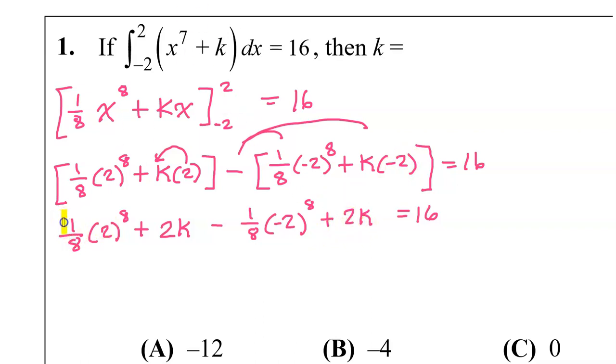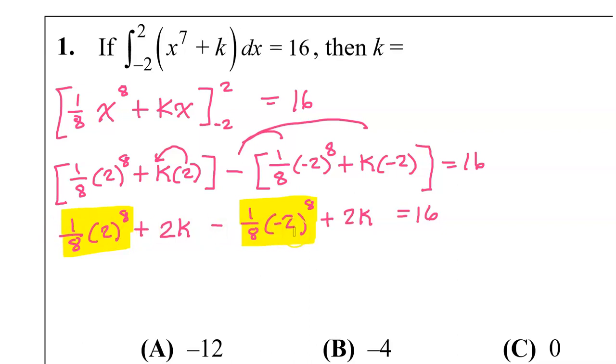Notice that these terms are actually the same, because if you raise a negative number to an even power, it actually becomes positive. So both of these yellow expressions have exactly the same value. And I'm subtracting them.